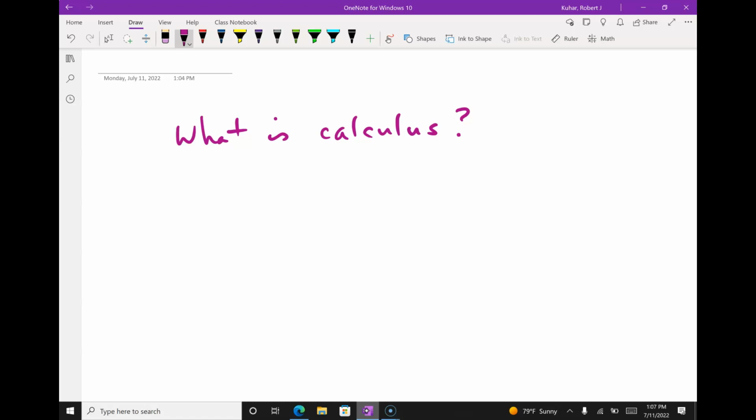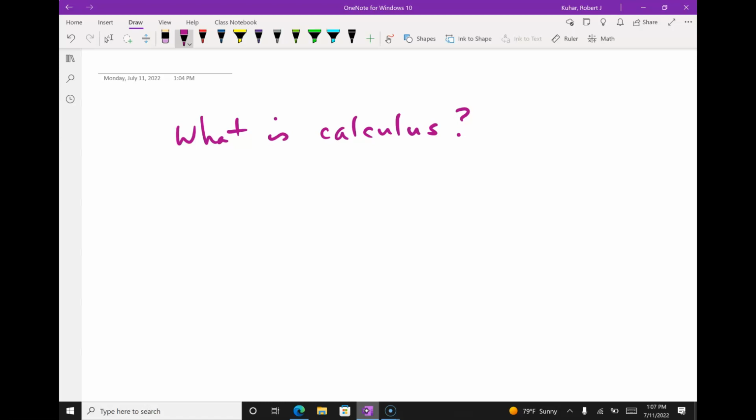Circumference is changing. Area is changing. All with respect to what variable? What? No, what variable? What else is changing at the same time? I just said it. Time.